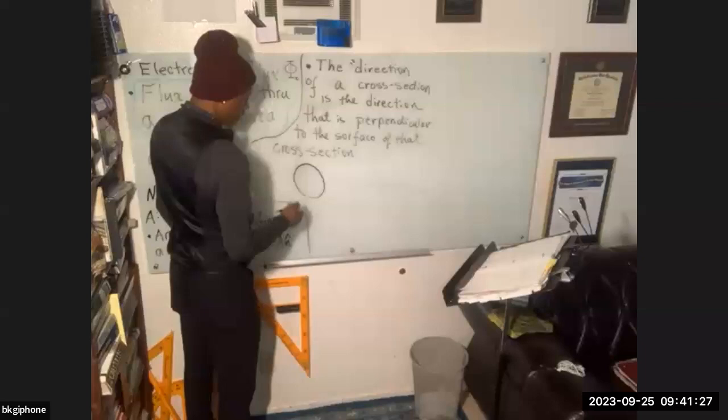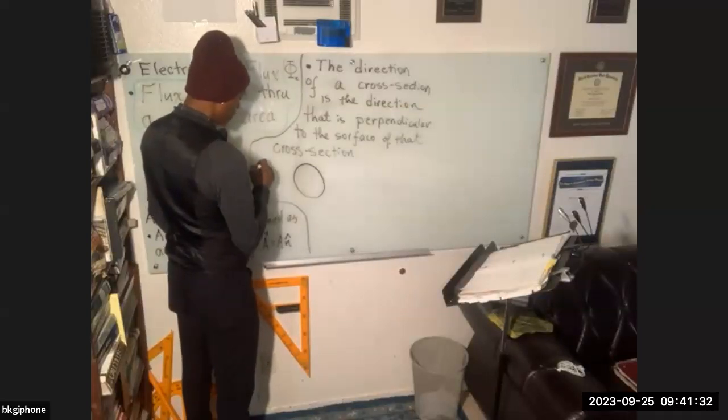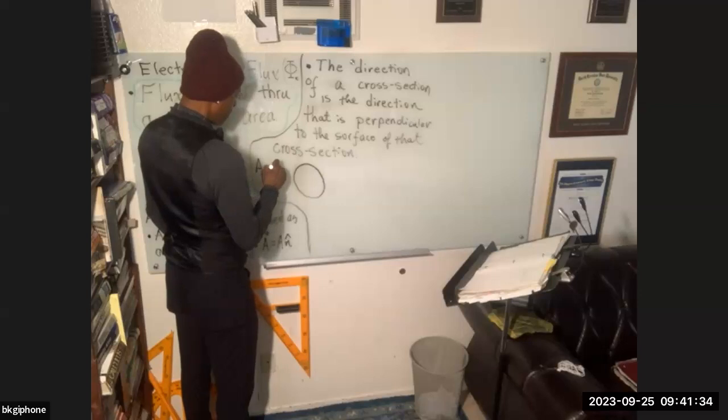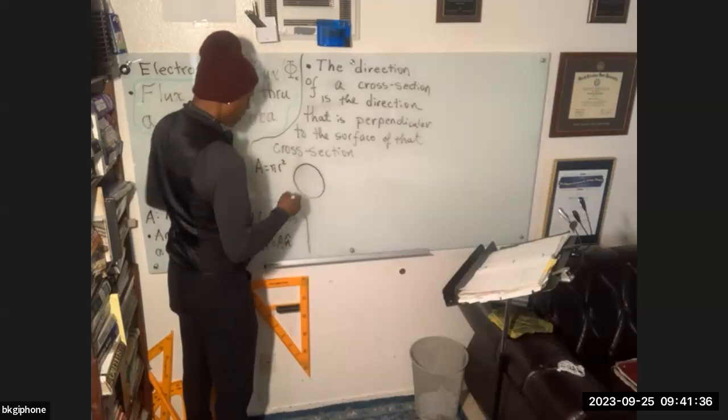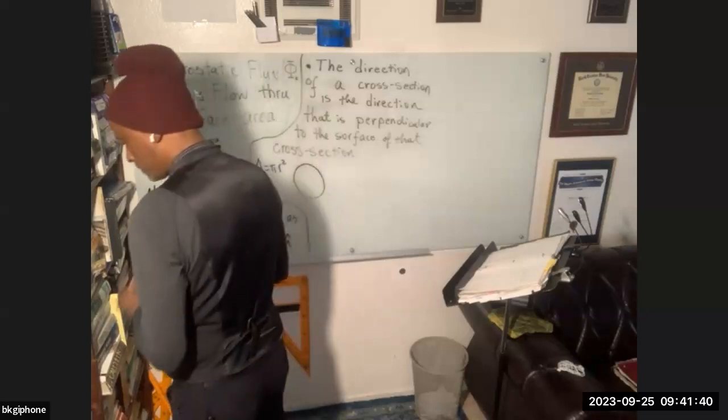If it's straight on, then the magnitude of my area, regardless, is going to be pi r squared, where r is the radius of this thing.